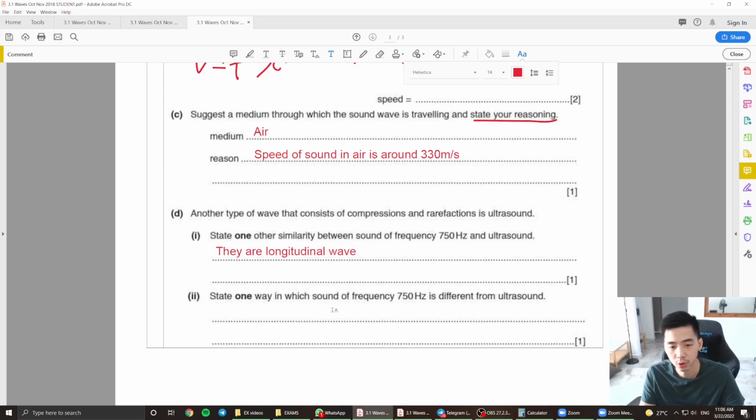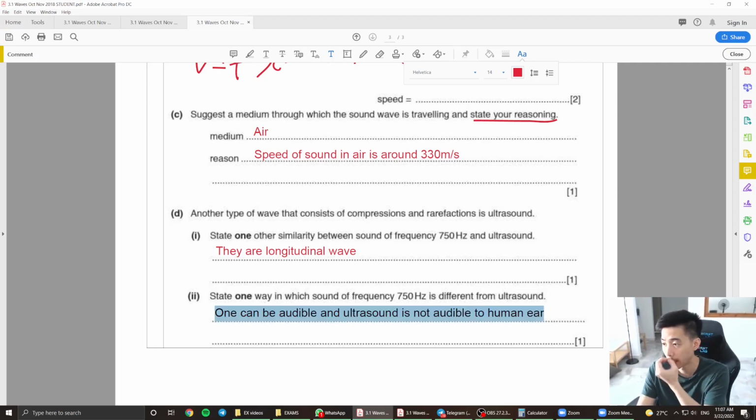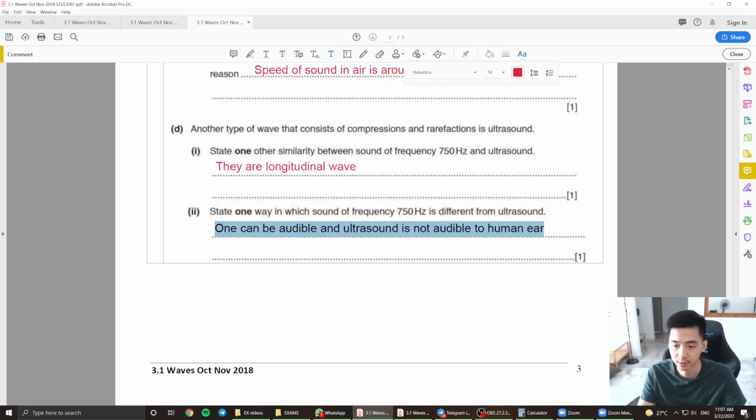State one way in which sound of frequency 750 Hz is different from ultrasound. One is audible and ultrasound is not audible to the human ear. Okay, and this is how you're supposed to answer these questions here.